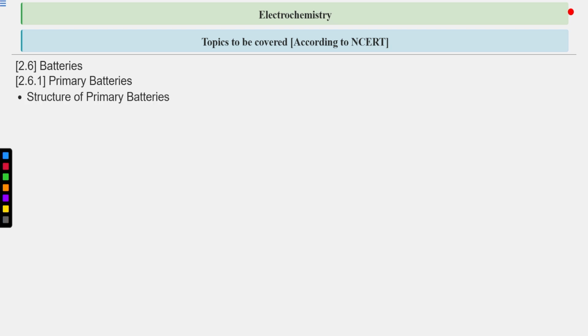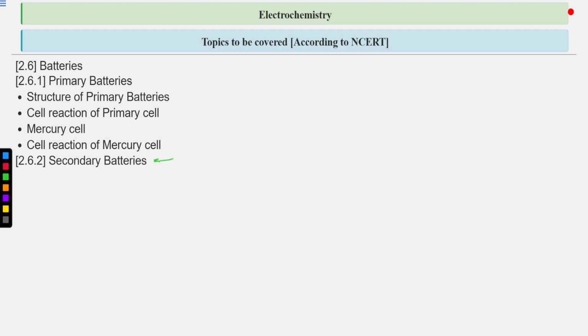In this, we will talk about the structure and arrangement of primary batteries, then the cell reaction of the primary cell. Then we talk about the mercury cell under primary batteries, and we will cover the cell reaction of the mercury cell.